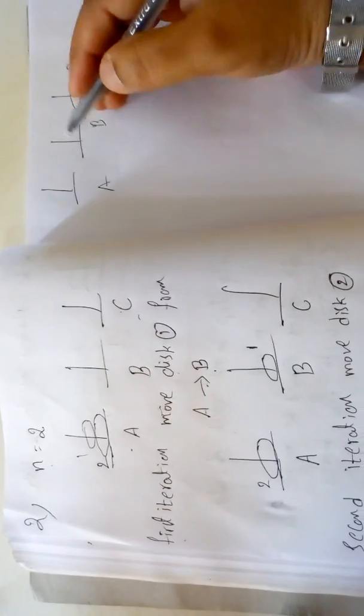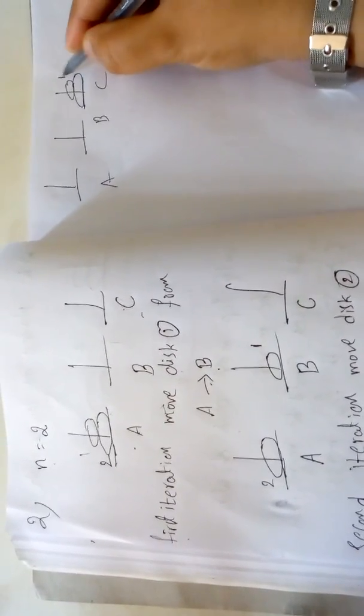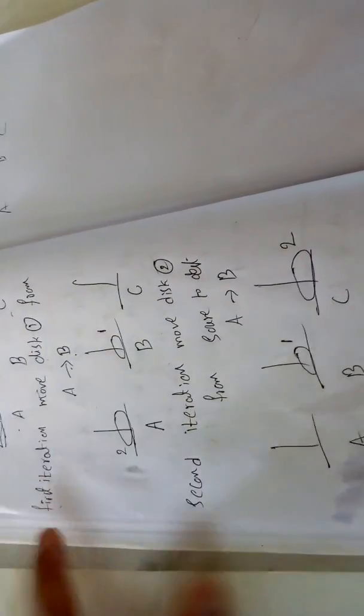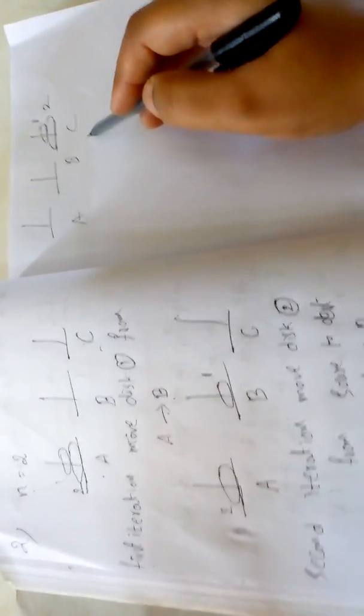Now transfer from B to C. On B we have this one. So if we have 2 disks, how many iterations? 1, 2, 3. So with the help of 3 iterations, finally we transfer the disks from source to destination.